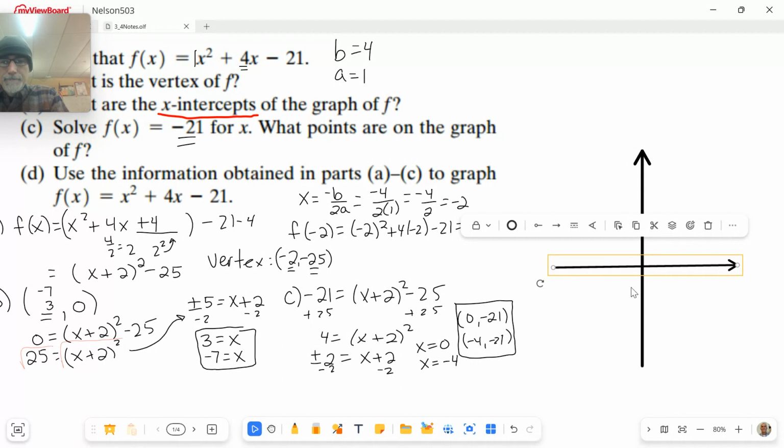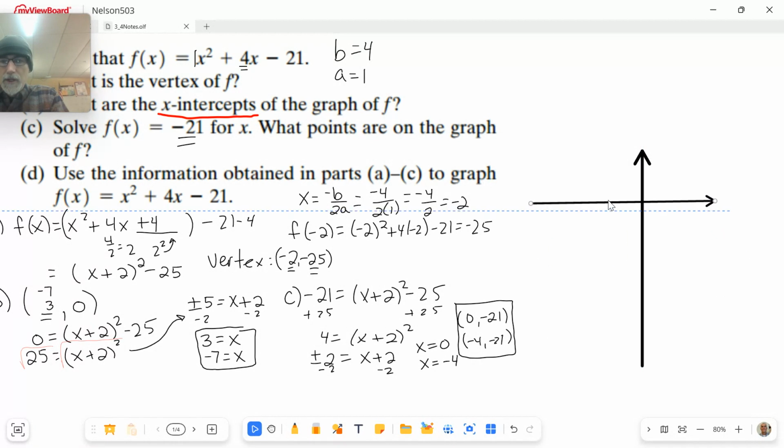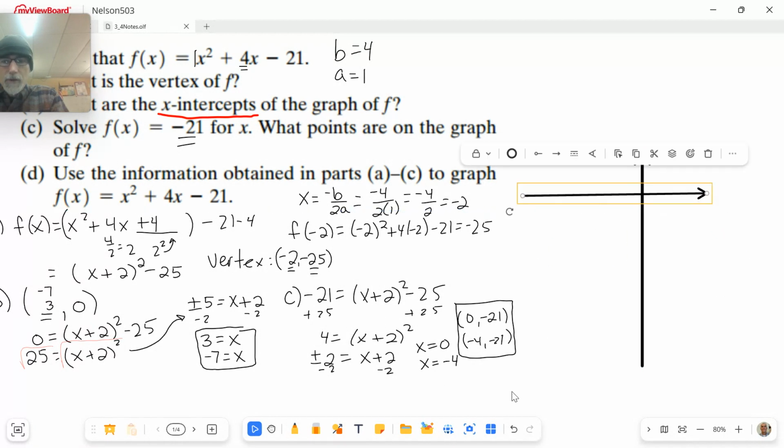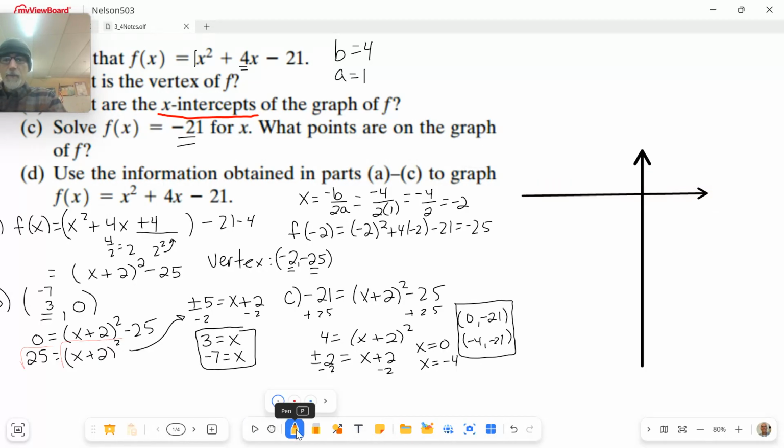So maybe I'll just move this up and really focus on the third quadrant down here. Let's say I put (-2, -25) right there, and then it might be kind of easy. Let me think here for a second.